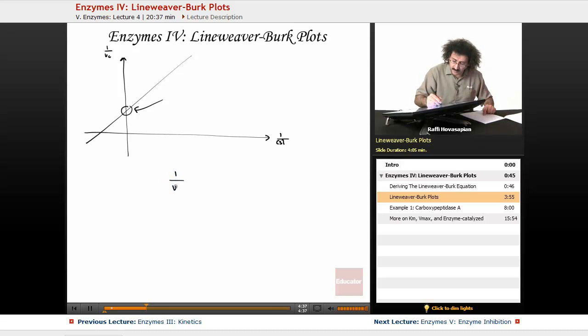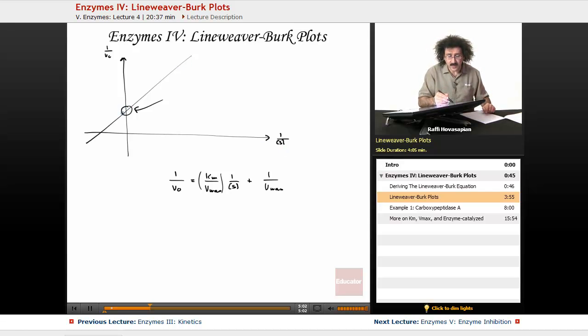So we had 1 over V0 equals Km over Vmax times 1 over S plus 1 over Vmax. Well, it's not V0 versus S anymore. It's 1 over V0 versus 1 over S. You get a straight line.